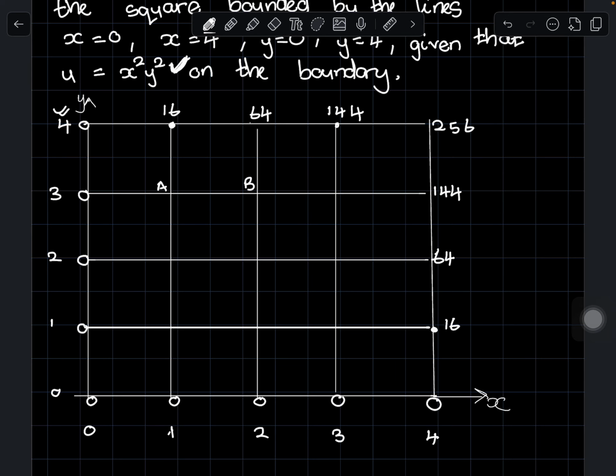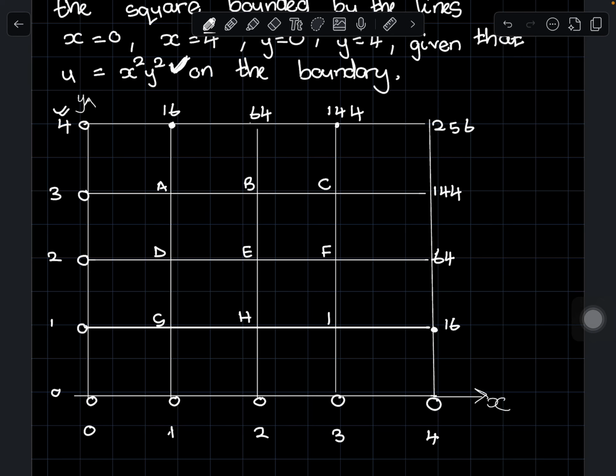Let's give them names: A, B, C, D, E, F, G, H, and I. I want to find the residuals at each mesh point, but we actually need to find the mesh point values before we find the residuals.